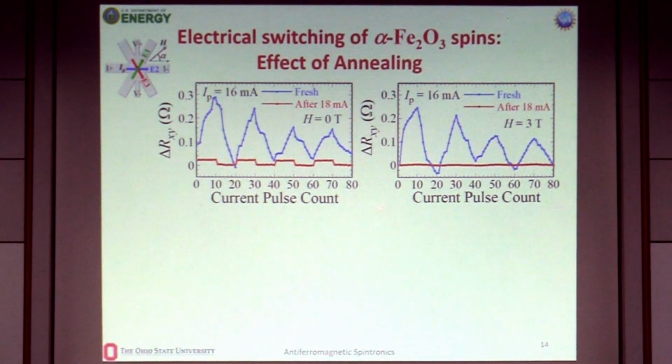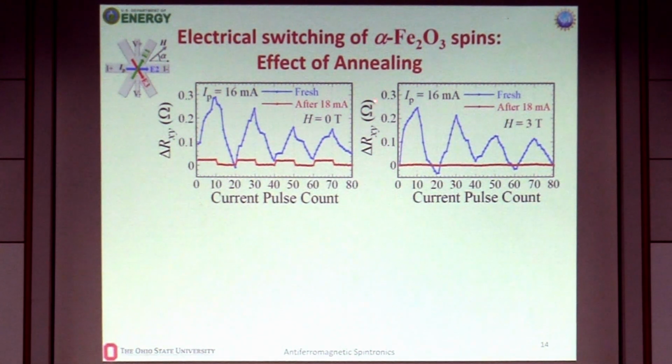They saw this kind of sawtooth, but with a quicker decay. And then after the 18 milliamp, we come back to the 16 milliamp. The blue one is a fresh sample that hasn't seen the annealing at 18 milliamp yet, but this red one is after 18 milliamp annealing. And it shows a pretty flat square wave behavior.